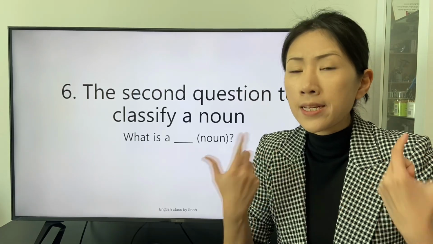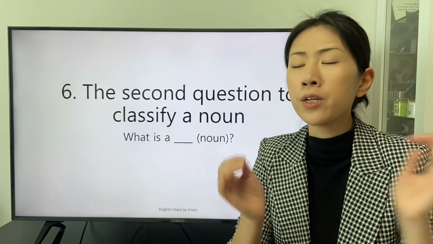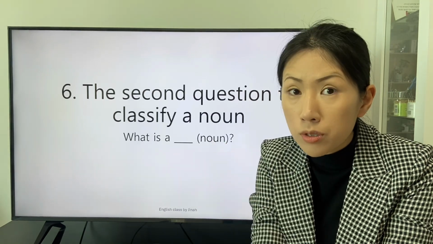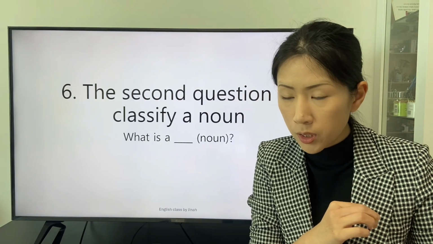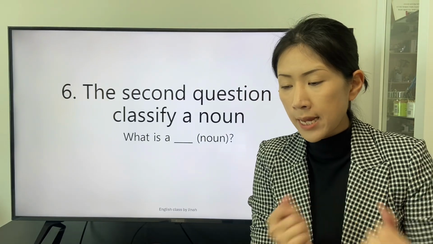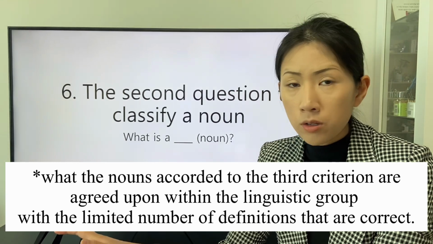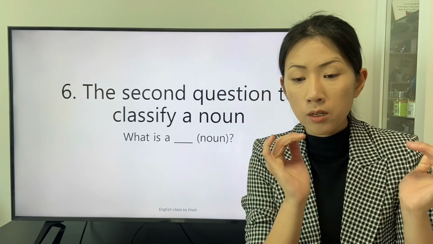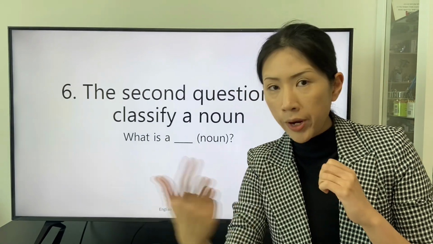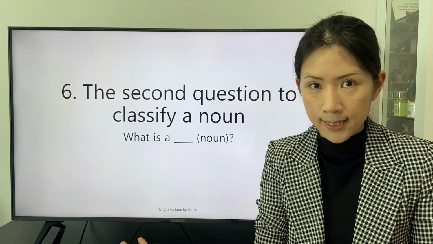So we will ask a question to the third criterion of the nouns. The third answer to the first question is that the definitions are all agreed because the definitions are all correct.